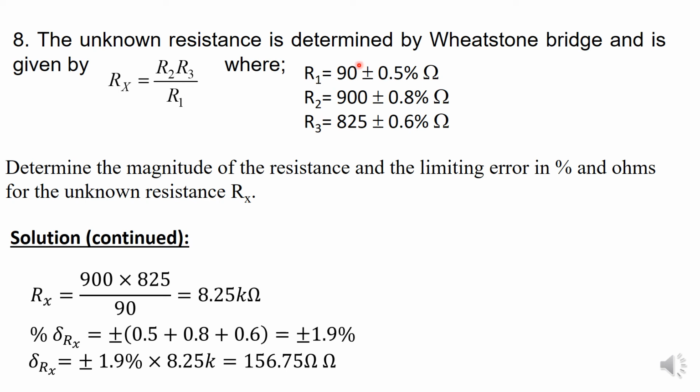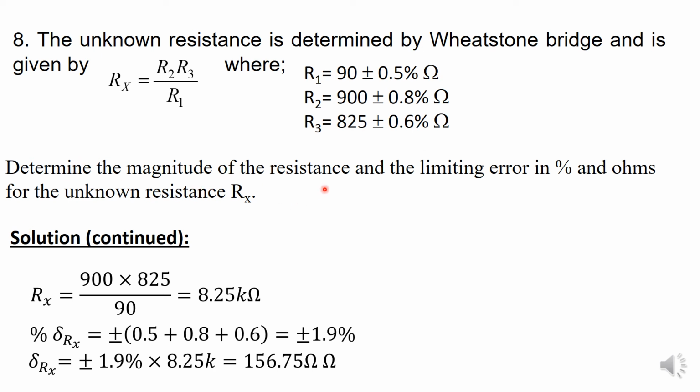So here just ignore the Wheatstone bridge. Given Rx is equal to R2 R3 divided by R1, where R1 is this, R2 is 900 plus this, and R3 is equal to 825 plus minus this error.